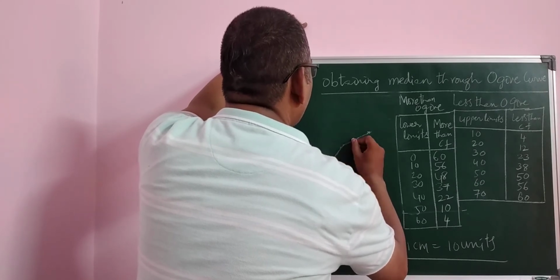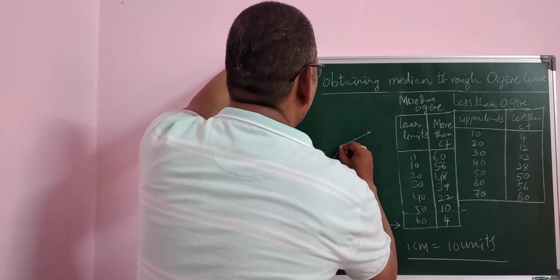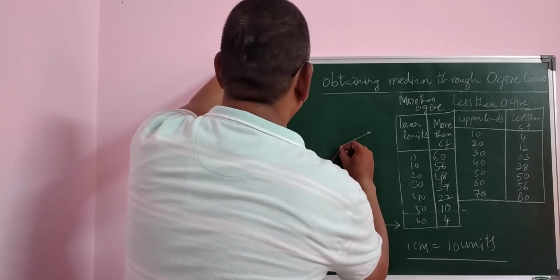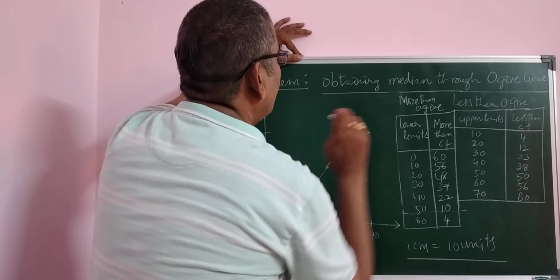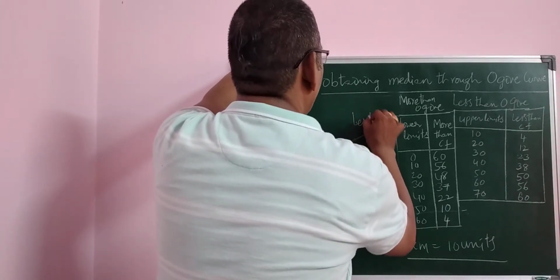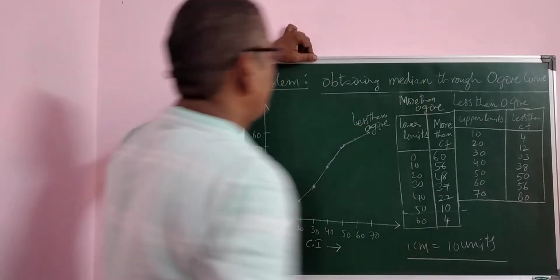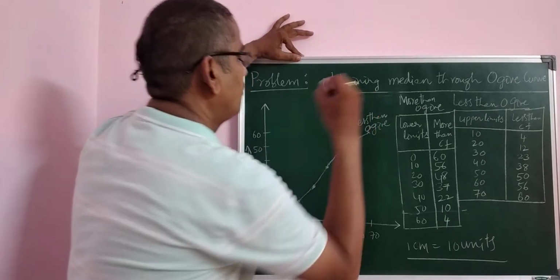I am joining here the points at a shortest distance. Clear? This is less than Ogive. This picture is the less than Ogive curve.